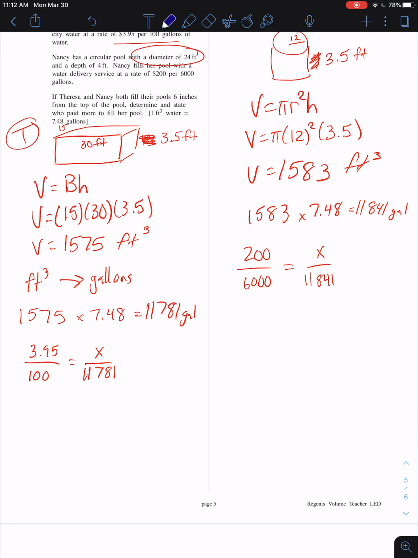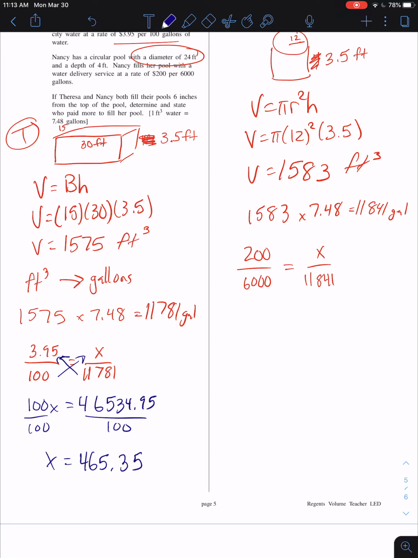In each case, we're going to cross multiply and we're going to try and solve for how much she pays. So this becomes 100x. And then that's going to equal $3.95 times 11781. Going to divide by 100, and so it's going to cost Teresa $465.35. Remember, using money, we round to the nearest hundredth place.